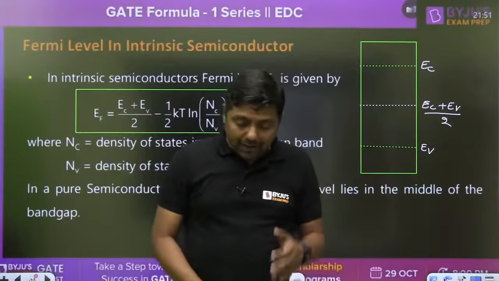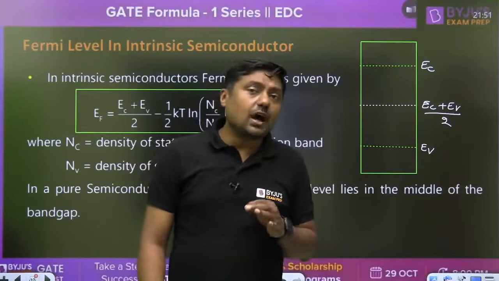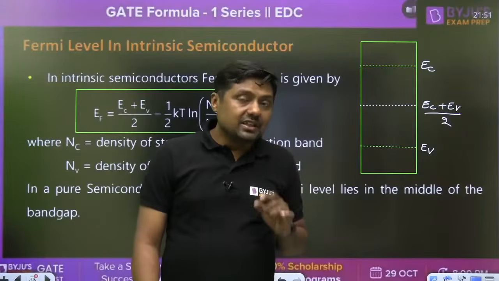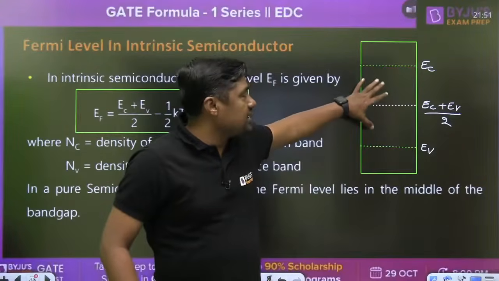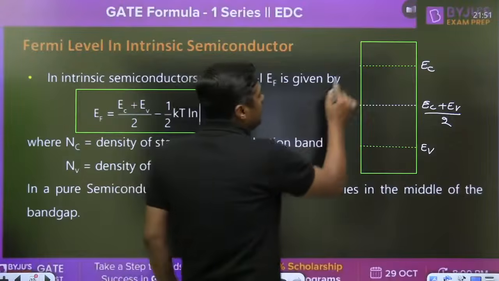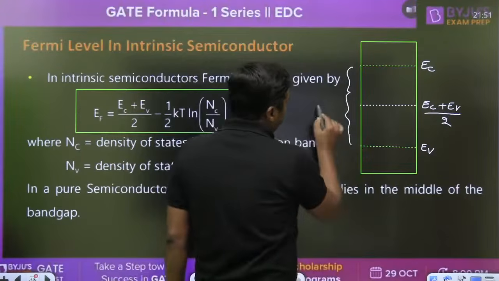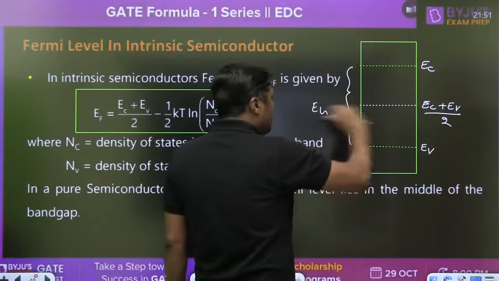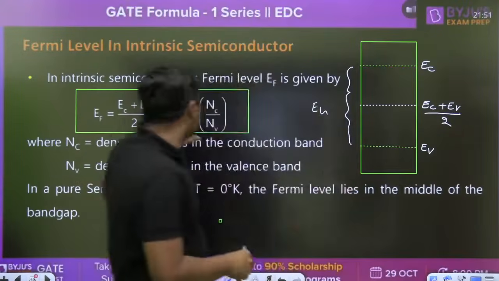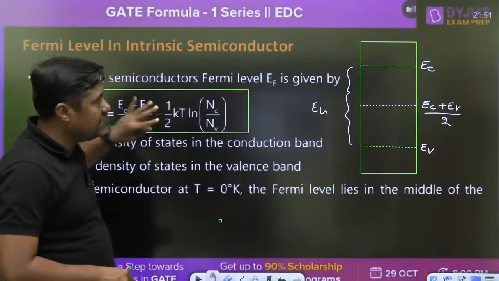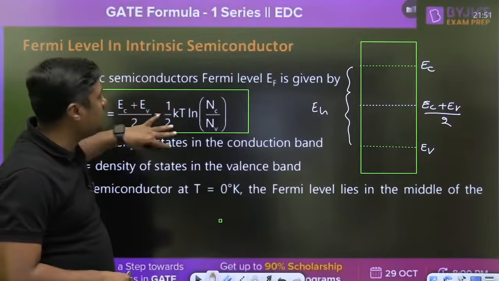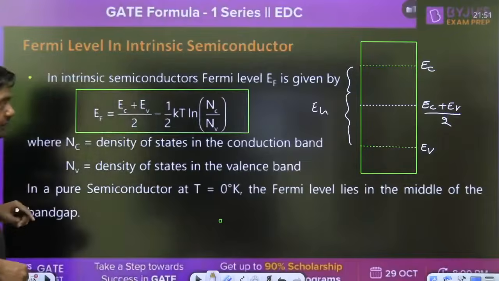So when Nc and Nv are not the same, then the Fermi level is not just in the middle of the forbidden gap energy level. This is called Eg, forbidden energy gap. It is exactly not in the middle. You have to subtract kT by 2 log of Nc by Nv and you will get the exact location of the Fermi level for intrinsic semiconductor.